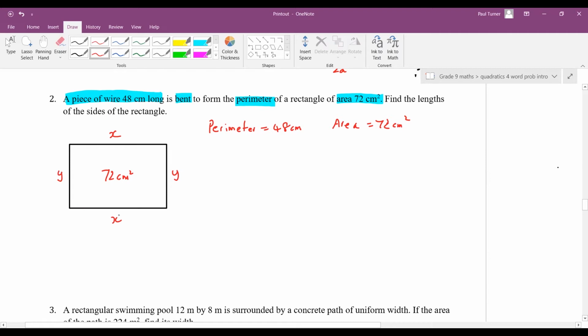And the perimeter is the sum of these numbers. So the perimeter would be x plus x plus y plus y. So that's the perimeter of your rectangle. But we also know that that equals 48 because that's the length of the wire. So we could write 2x plus 2y, and this number equals 48.